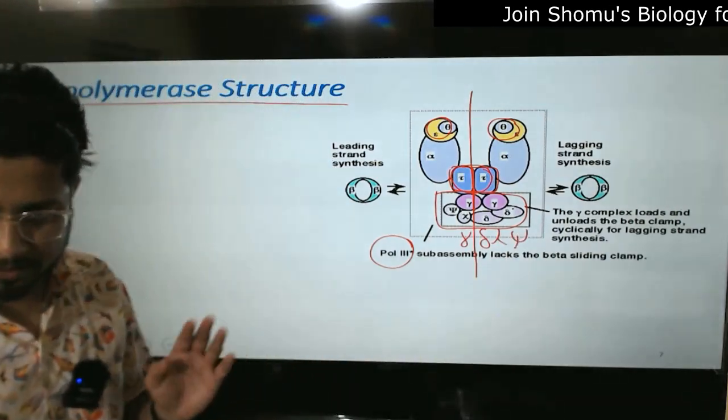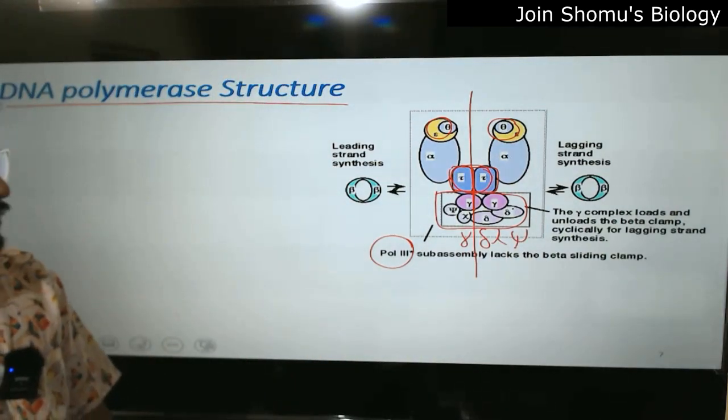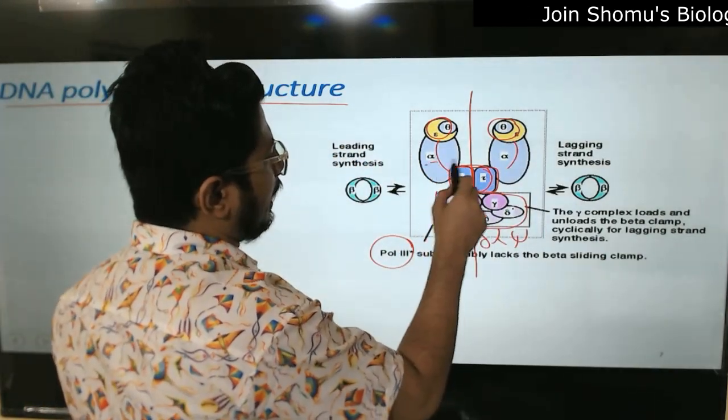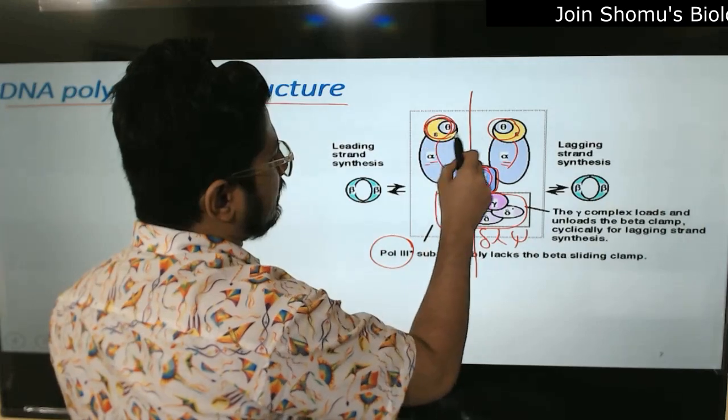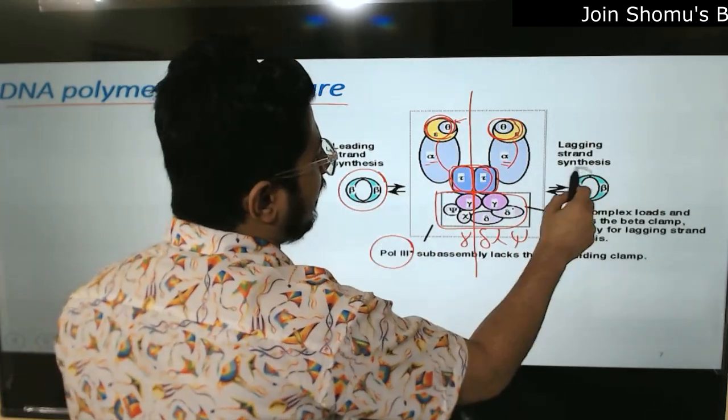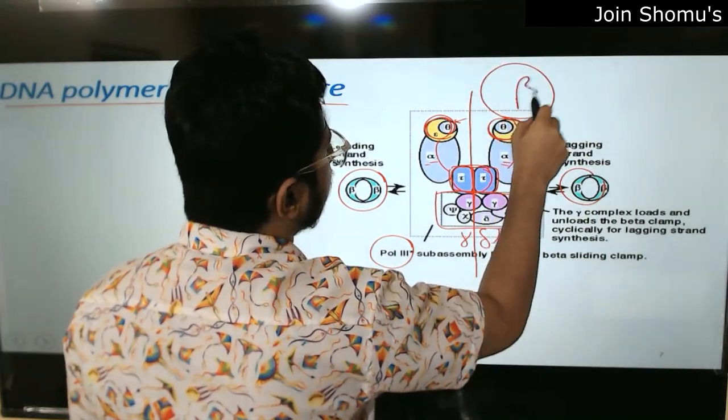Now these three different portions: the main body, the arms made up of alpha, delta, epsilon, theta, and there is the beta clamp which will be loaded here.